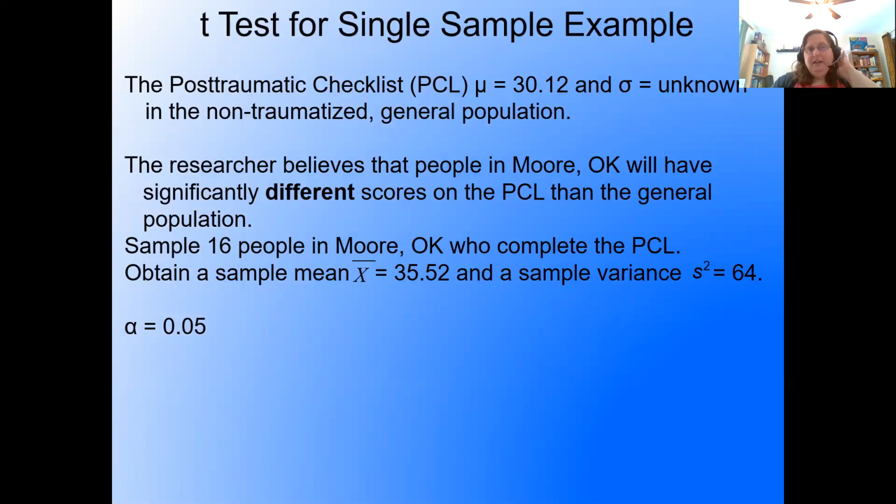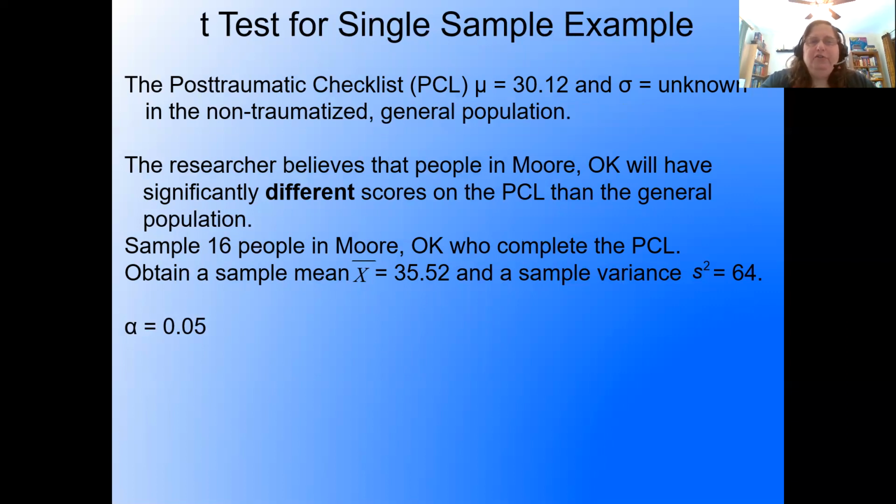So with all that said, let's work through an example together. The post-traumatic checklist, or PCL, has a mu, a population mean, of 30.12, and a sigma, or population standard deviation, that's unknown in the non-traumatized general population. The researcher believes that people in Moore, Oklahoma will have significantly different scores on the PCL than the general population.